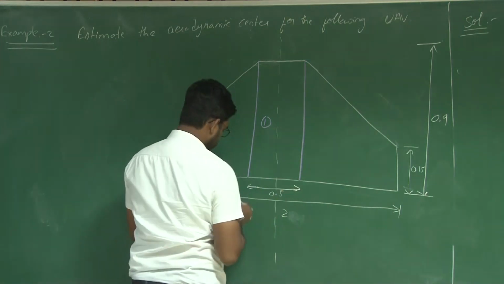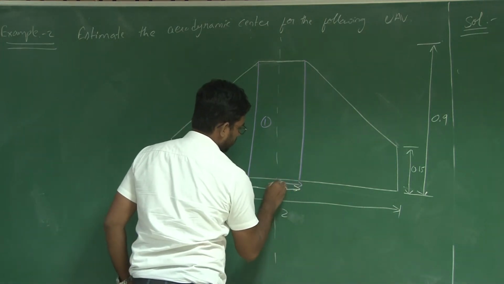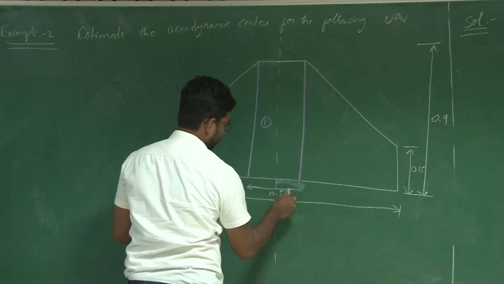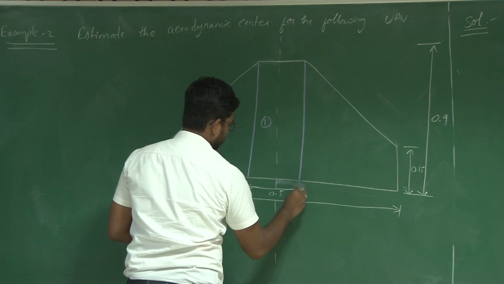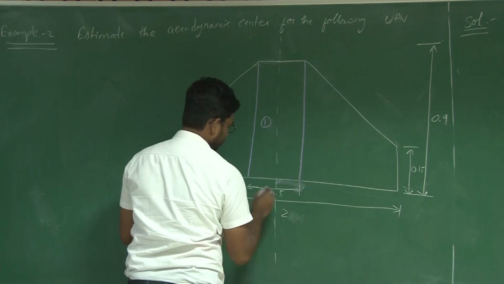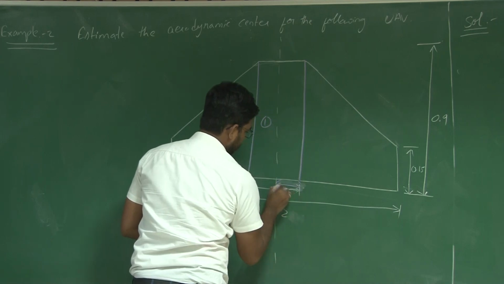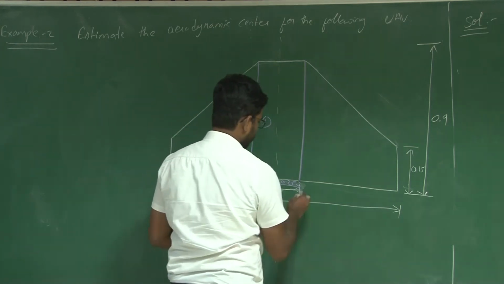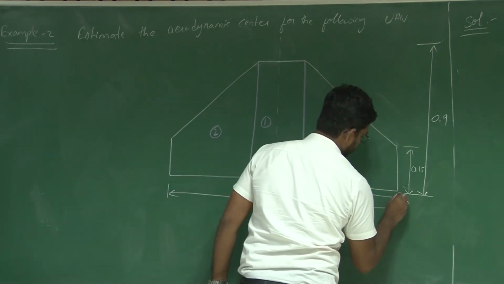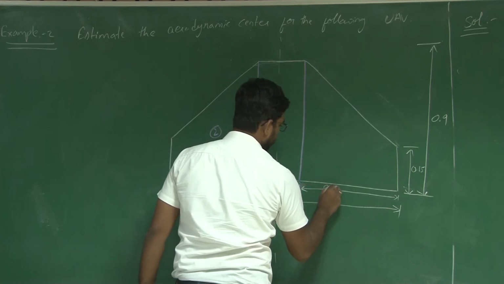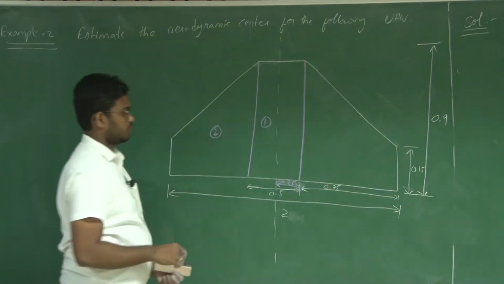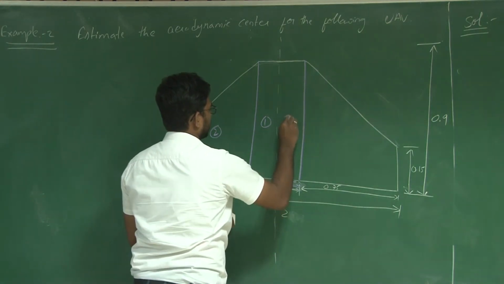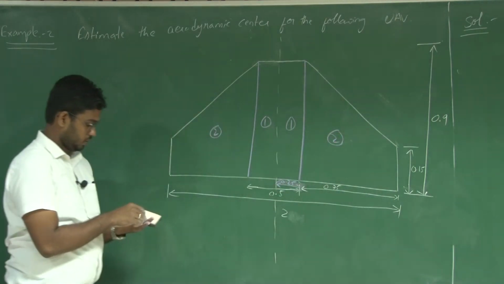Now what will this portion be? This portion will be 0.25, the rest will be 0.75, right? Sections one and two.